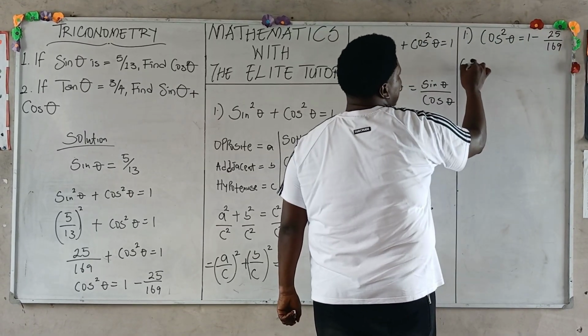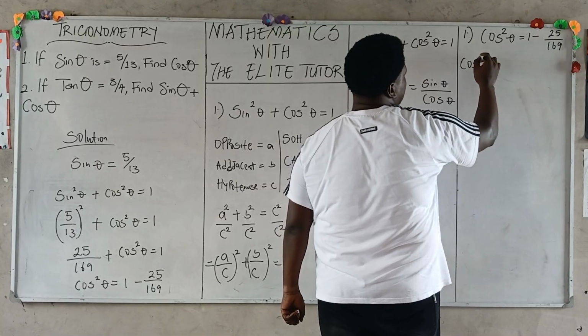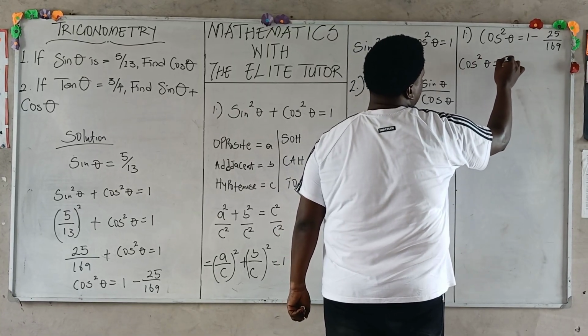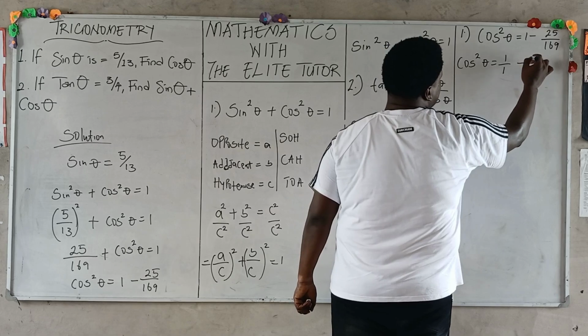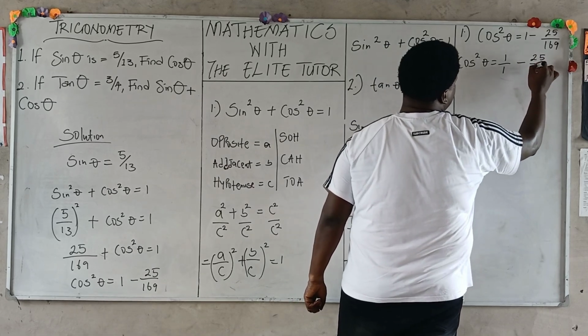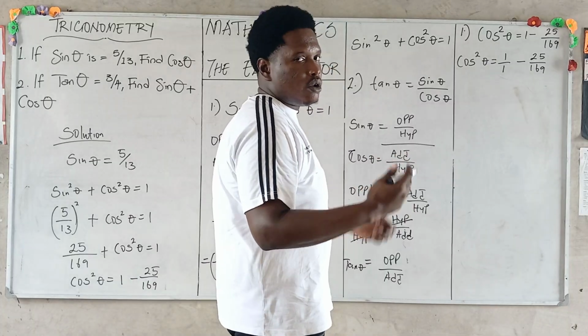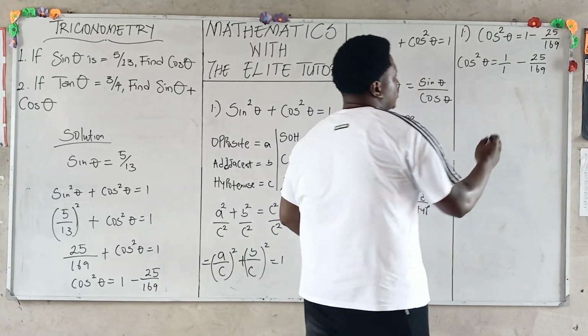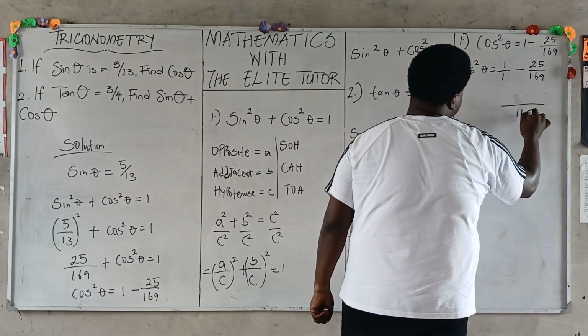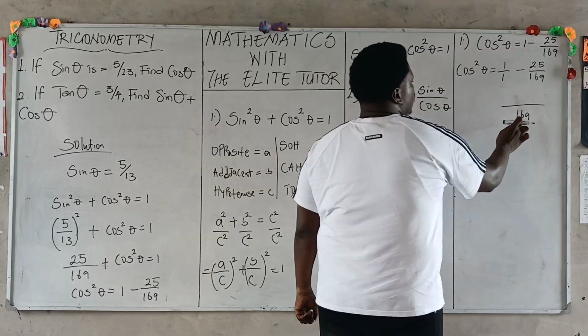So this is the same thing as 1 over 1 minus 25 over 169. So we want to subtract fractions. We look for the LCM of the denominators. The LCM of the denominators is 169, from 1 and 169.